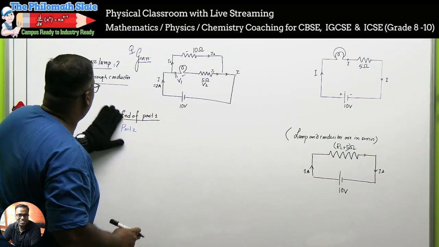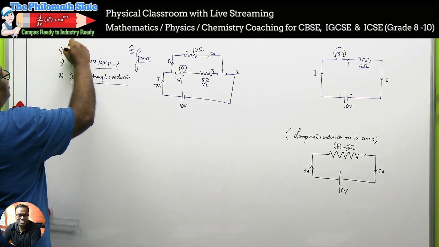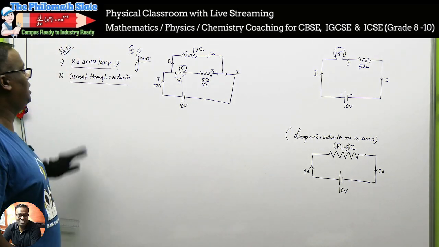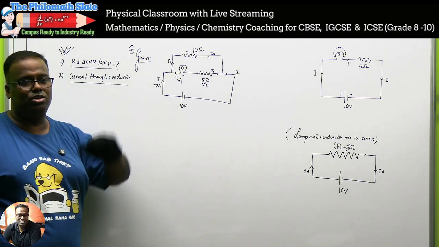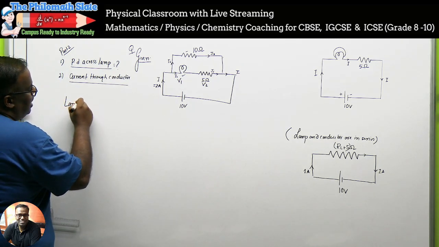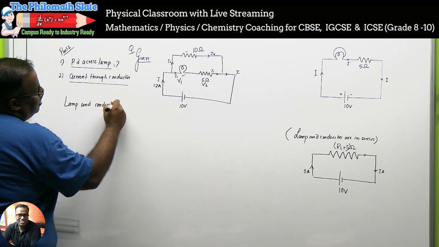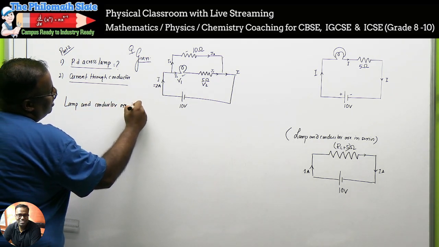Now my part 2 questions are these. If that be the case, they have asked me to find out the PD across the lamp. Now lamp and conductor are in series. Do you agree or not?